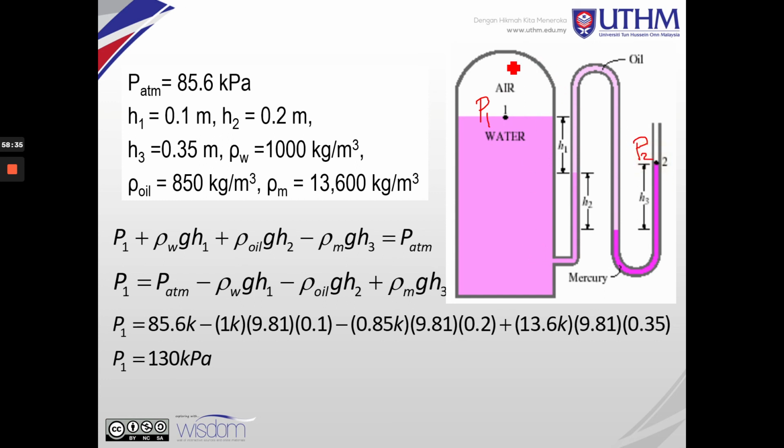So for pressure 1, we get P1 plus the pressure in water, ρ_water g h1, plus oil, ρ_oil g h2, minus mercury, ρ_mercury g h3, is equal to P atmosphere.